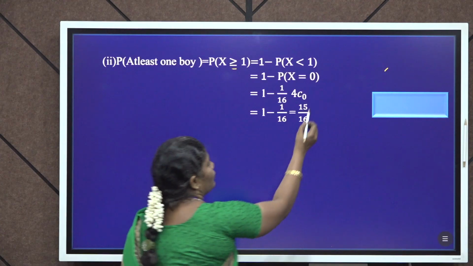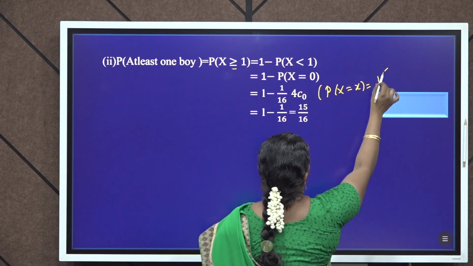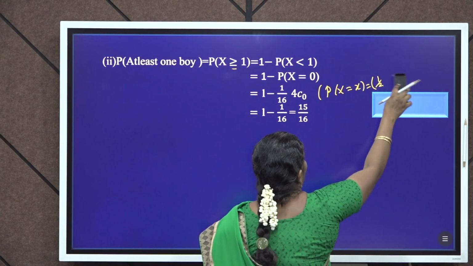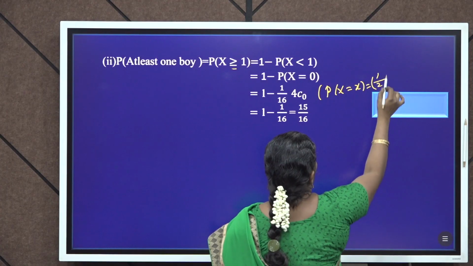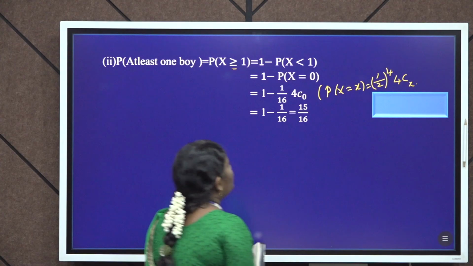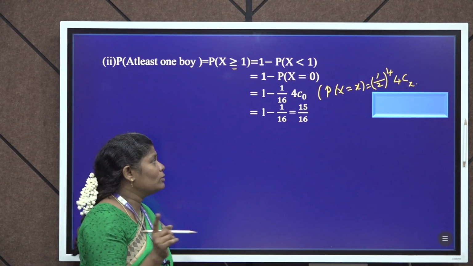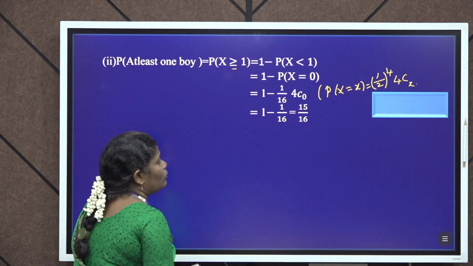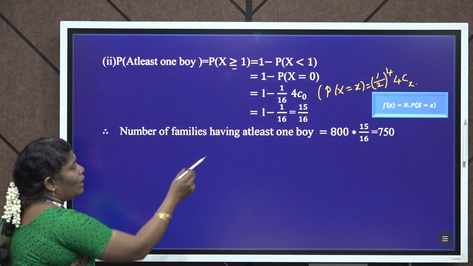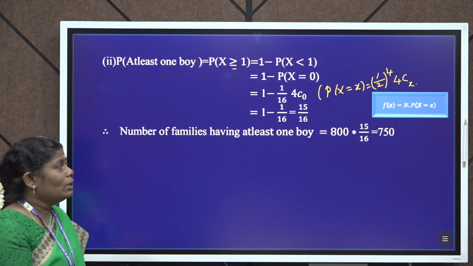Since P(X = x) is equal to (1/2)^4 into nCx, n is 4, (1/2)^4 4Cx. Put x equal to 0, 1 minus 1/16 into 4C0, 4C0 is 1, 1 minus 1/16, this is equal to 15/16. Number of families having at least 1 boy, multiplying by 800, we get the final value 750.